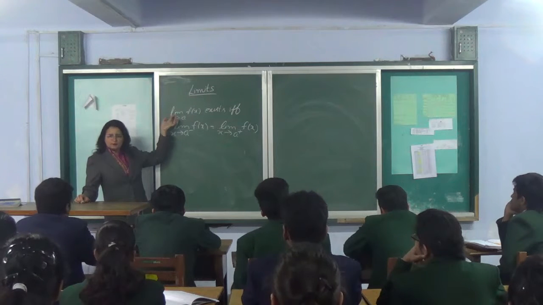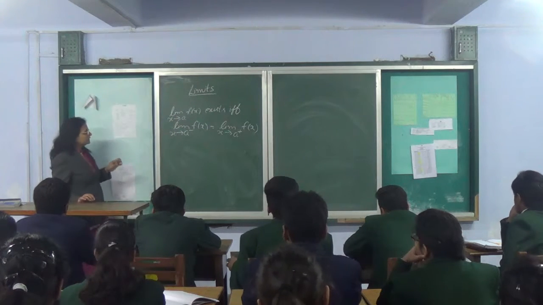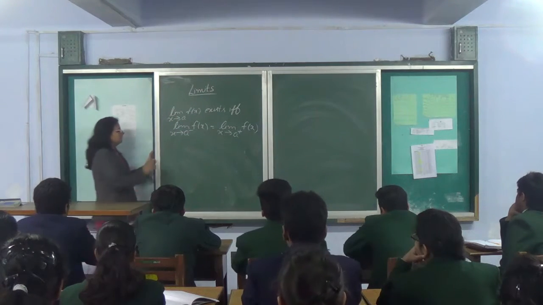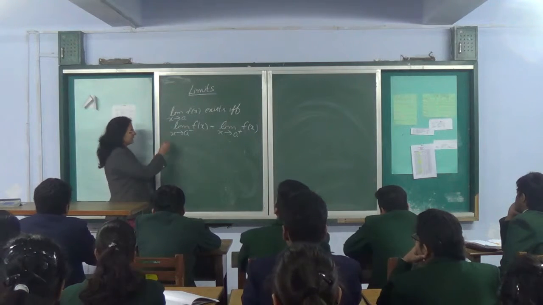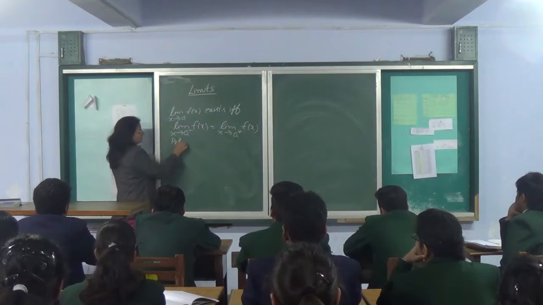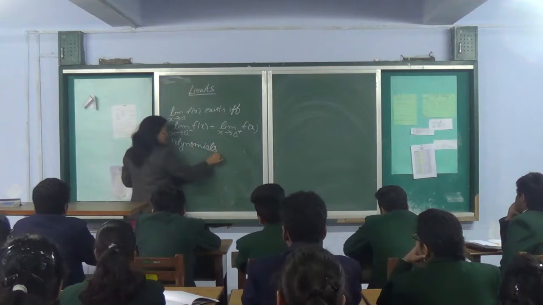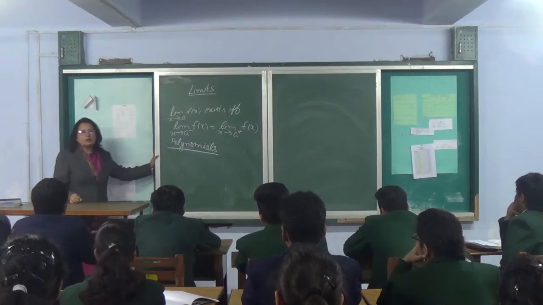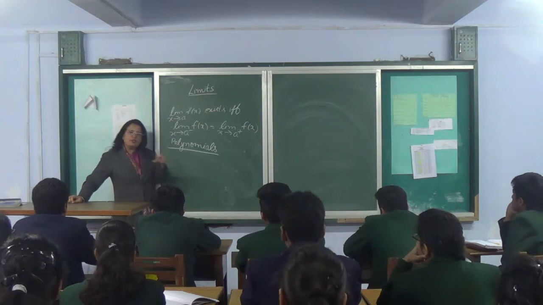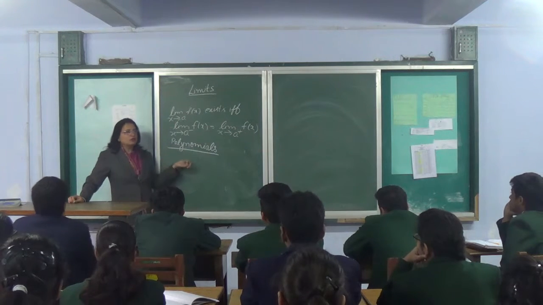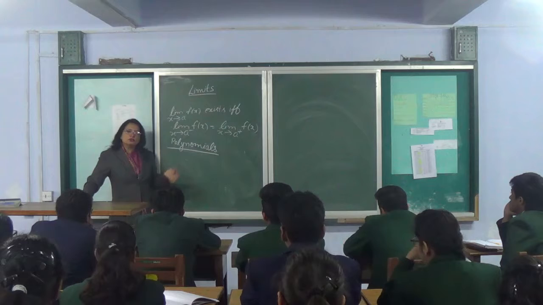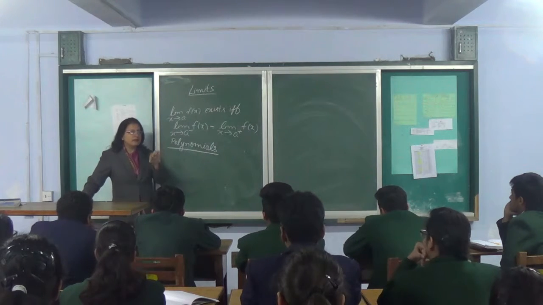Now, the next thing which we will observe is in case of polynomial functions. In case of polynomials, when you approach some value of x from left as well as right, the value of the function approaches the same value, which is the value of the function at that point.